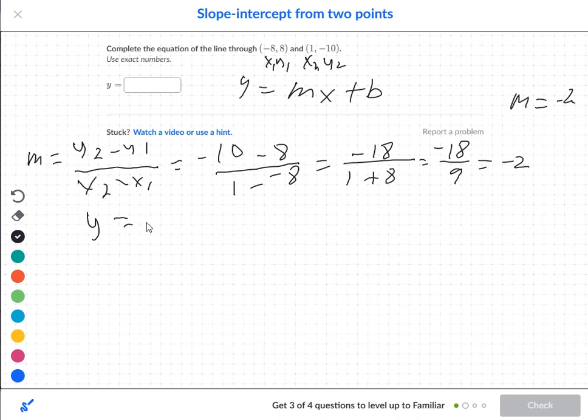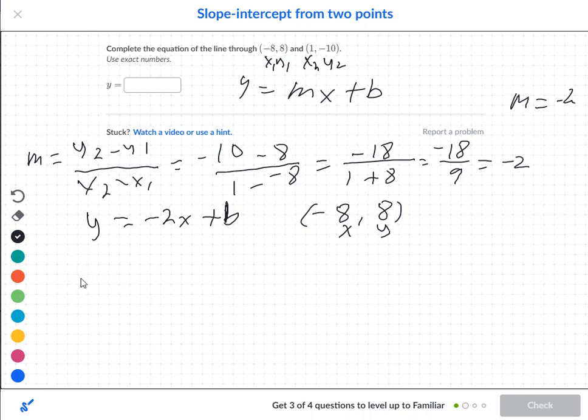So now I can go back, use my formula, y is equal to mx plus b, and I know the m is now negative 2x. It's the b I do not know. So this b is our mystery. So I'm going to use the first point, call it negative 8, 8. This is my x, and this is my y.